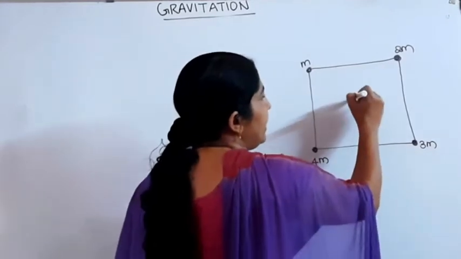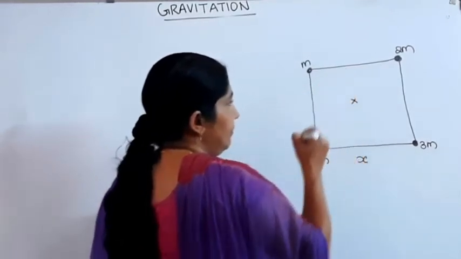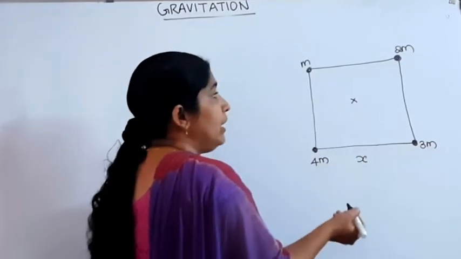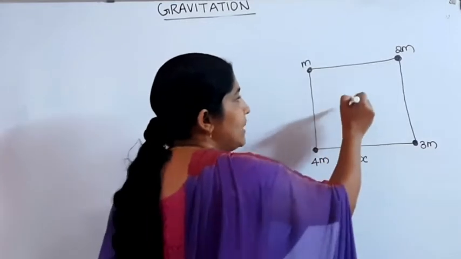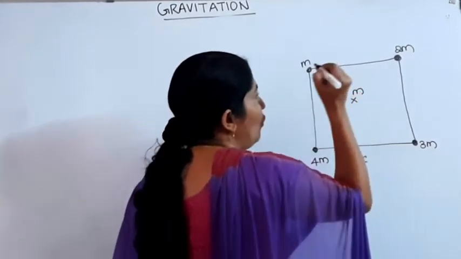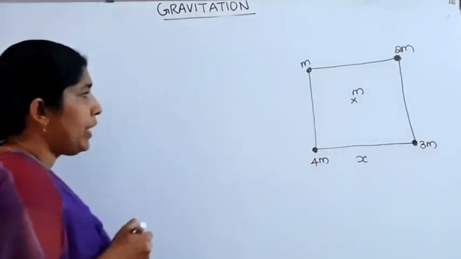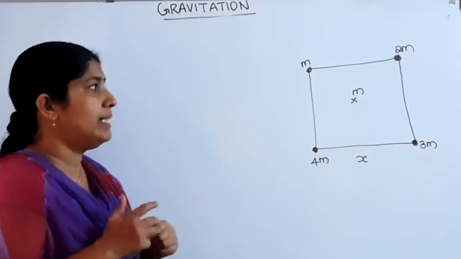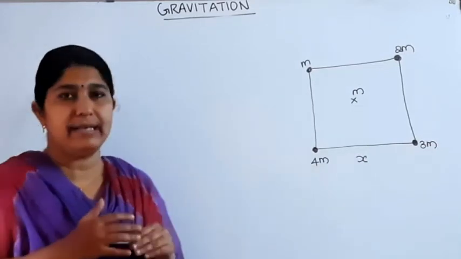We want to find the gravitational force at the center where we place a body of mass small m. We want to find the force exerted on the small mass m placed at the center.